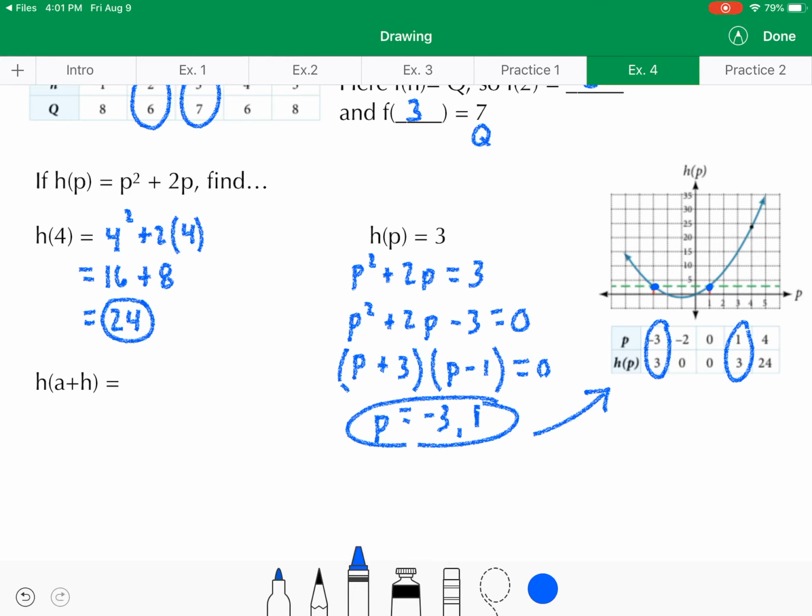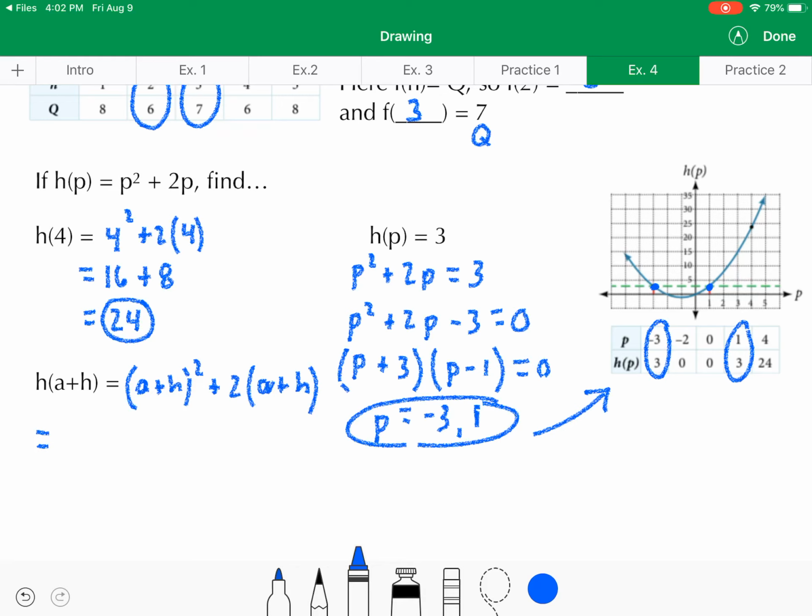All right, last one here, we're asked to evaluate the function h of p with a plus h. So evaluate it with a variable expression. Don't overcomplicate this. Treat it similar to the problem above, where you were just plugging 4 in for the variables. Wherever you see a p, replace it with a plus h, and then simplify.